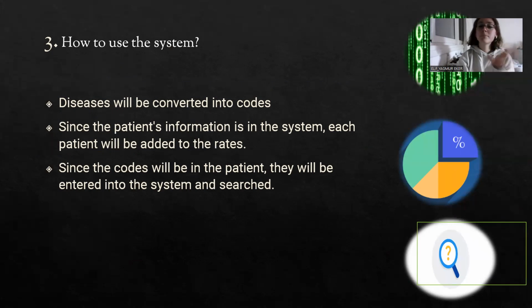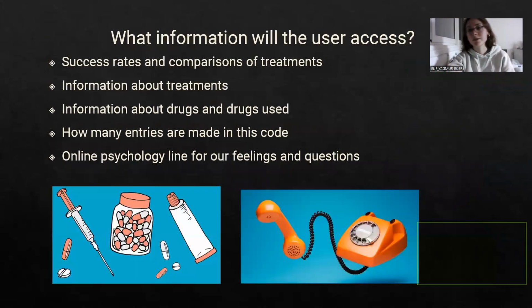And thus the patient will be able to see the rates of other patients, with the same code they receive. So with one code you can see all things. I explain the whole thing on the other slide.